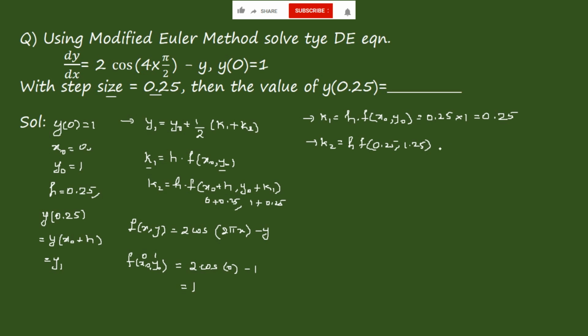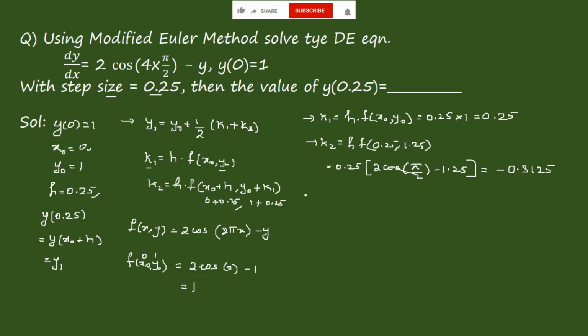Just substitute the values here, h is 0.25, right? Then f of 0.25 and 1.25 becomes 2 into cos of, it is 1 by 4, so it becomes pi by 2, minus 1.25, and it becomes 0, so which is equal to minus, just multiply, it becomes 0.3125.